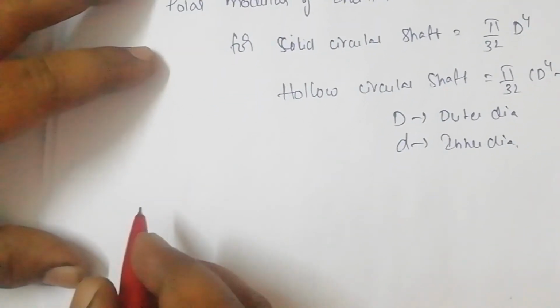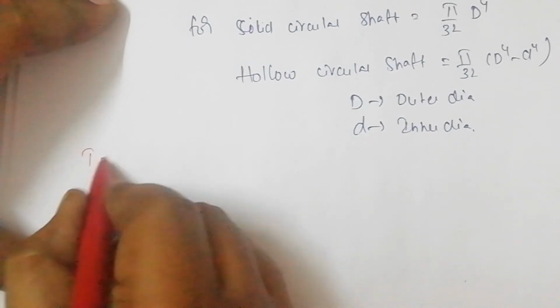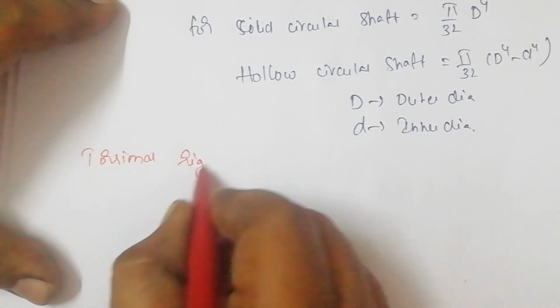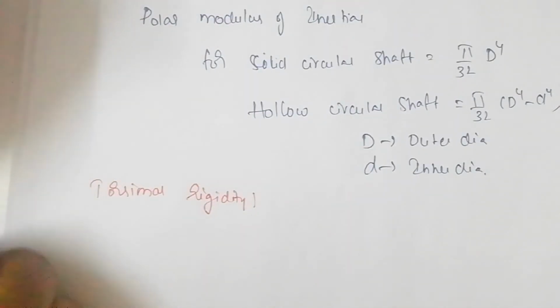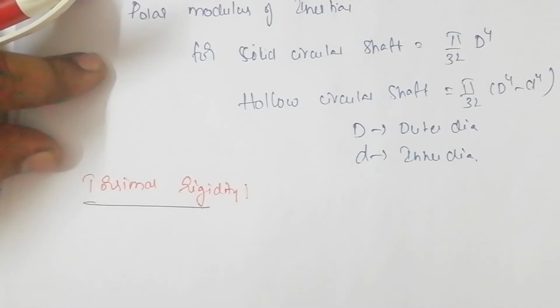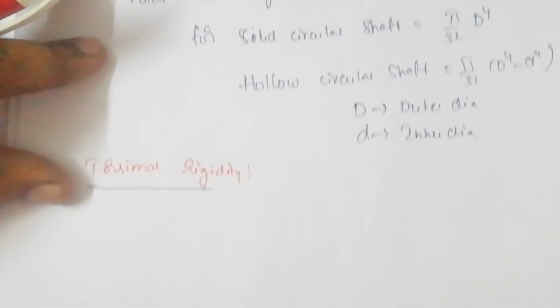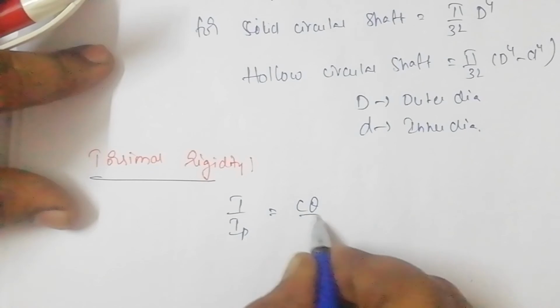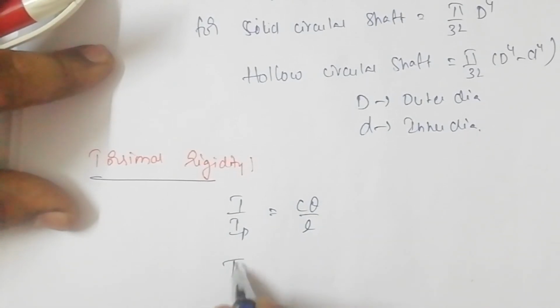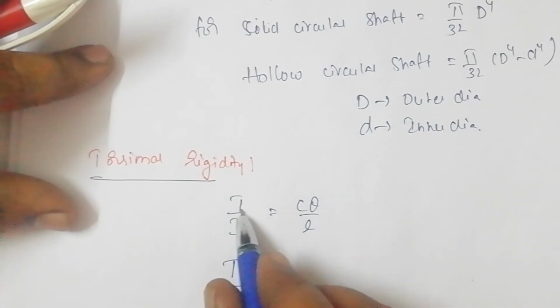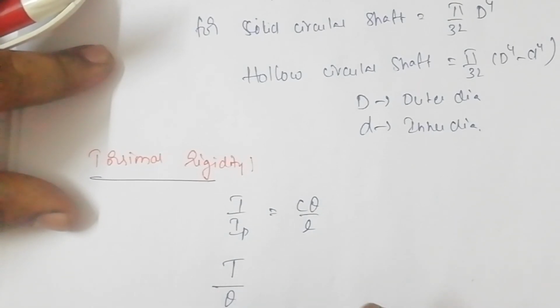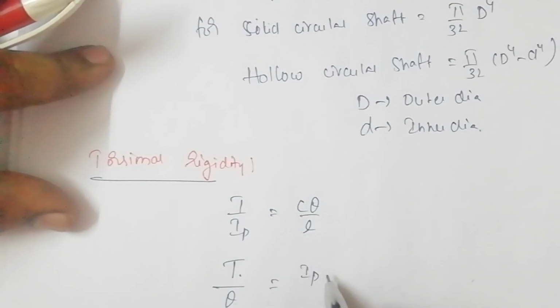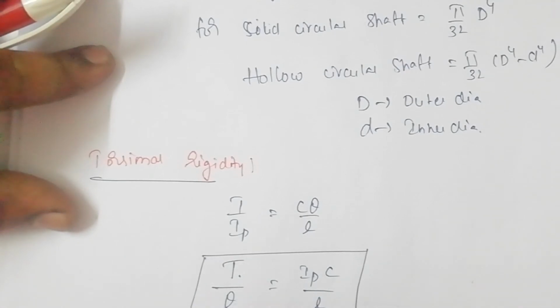From T by IP is equal to C theta by L, the torque required per unit twist, that is, for 1 degree of twist how much torque is required, is called torsional rigidity.